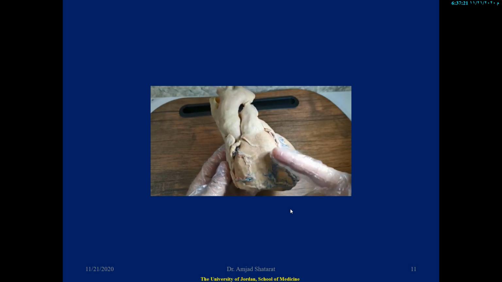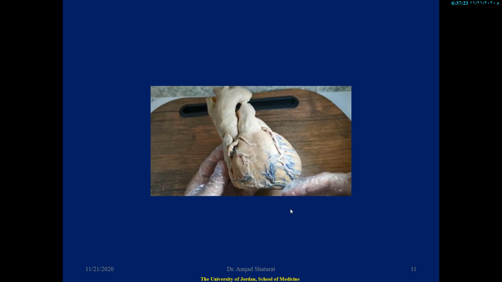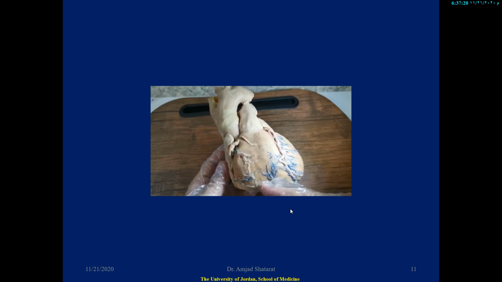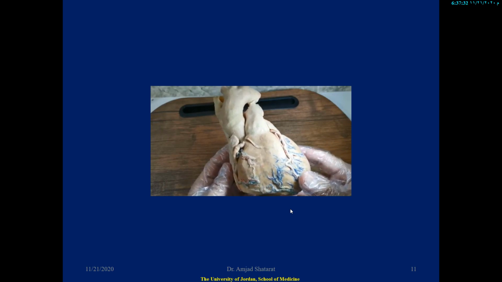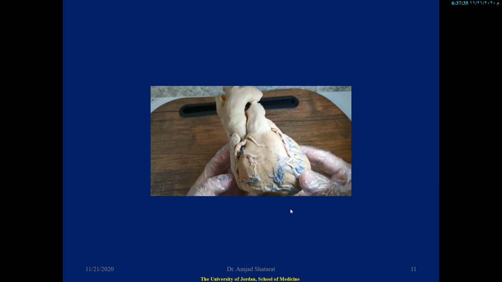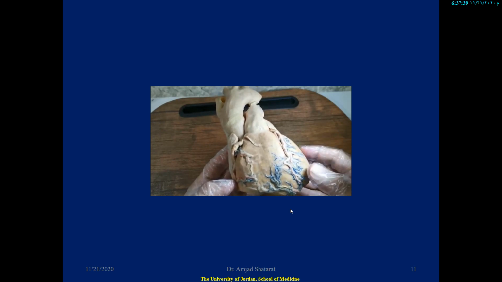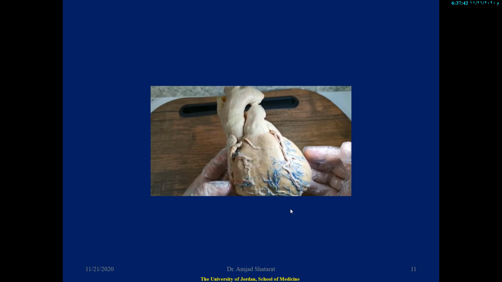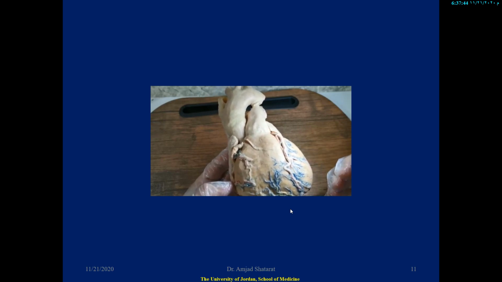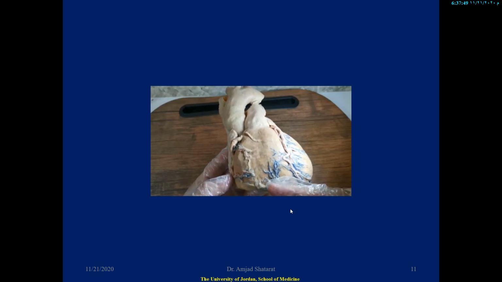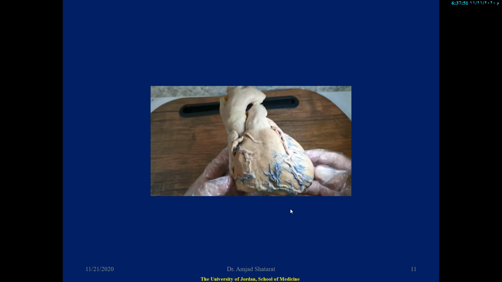The sternocostal surface that we mentioned just minutes ago is mainly formed by the right ventricle and of course a little bit of the right atrium. So the rotation forced the left ventricle to hide to the left and posterior, and brought the right ventricle to become a bit anterior.